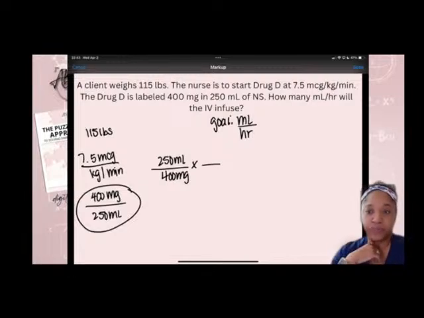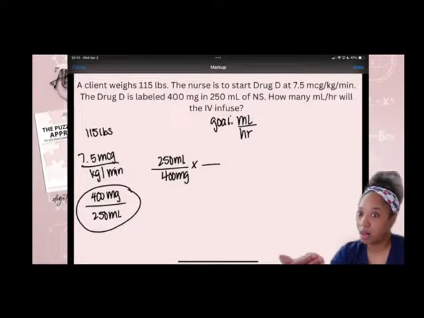So now we've got milligrams on the bottom. We need milligrams on the top, right? Do we have milligrams to work with?